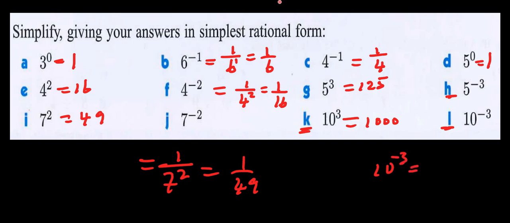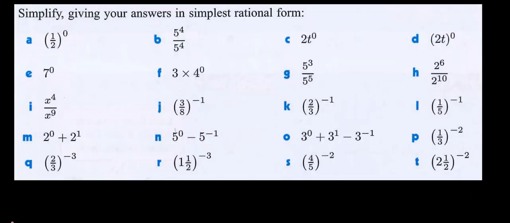Simply change that to a fraction and make the negative exponent positive, and this will become 1 over 1000. Good. So that is it for this set of questions. It's just something that you need to get yourself familiarized with: the 0 exponent, the negative exponent. So, all right, let's quickly move on to the next one. I hope this makes some sense.